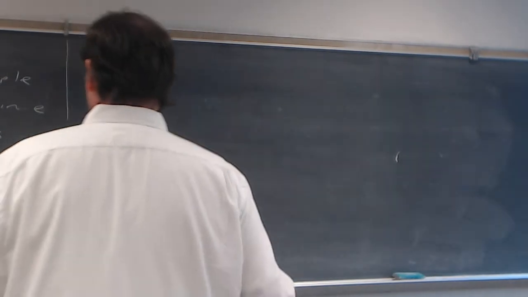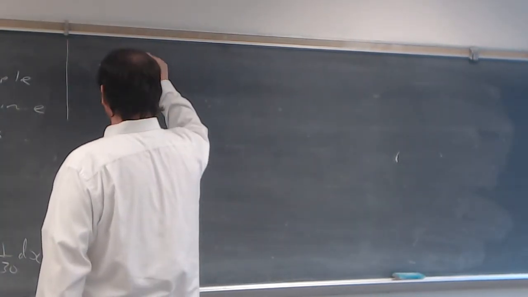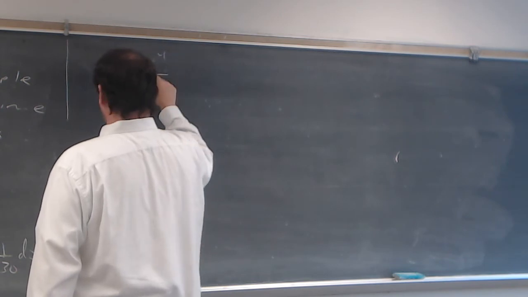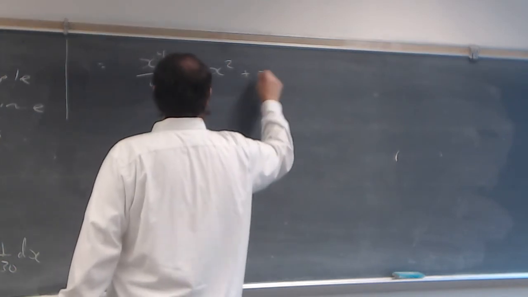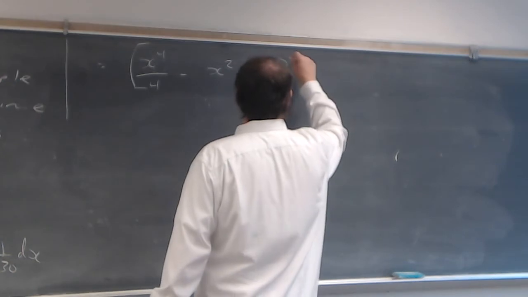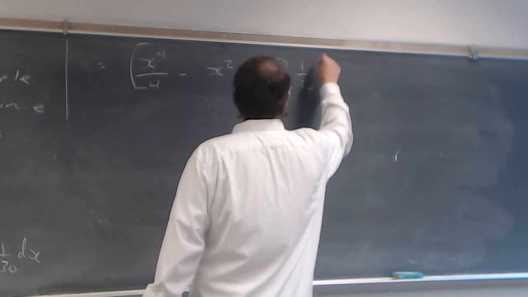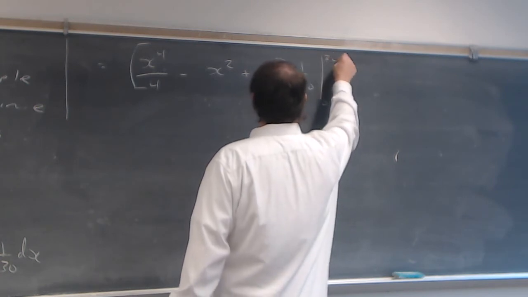Okay, and that's equal to, well, an antiderivative for this is x to the 4th over 4 minus x squared plus x, all this times 1/30, and we're going to evaluate it as x goes from 0 to 30.